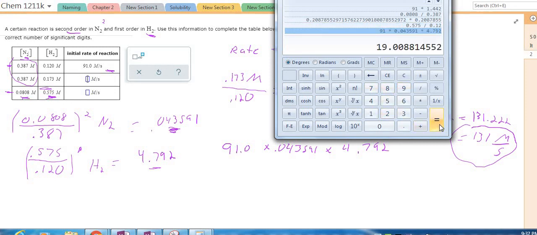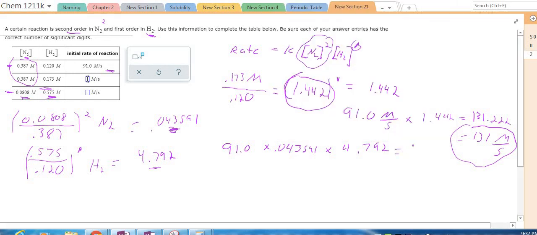So that new rate is going to be right at 19. So to 3 sig figs, that is going to be 19.0. Okay, so that's going to be the last one of that table. So it's 131 and 19.